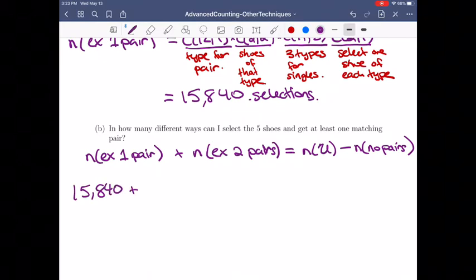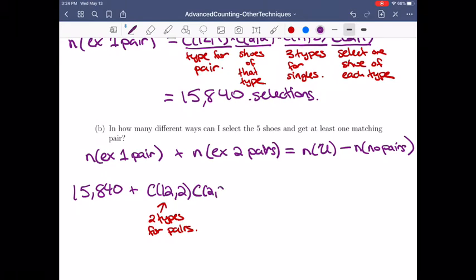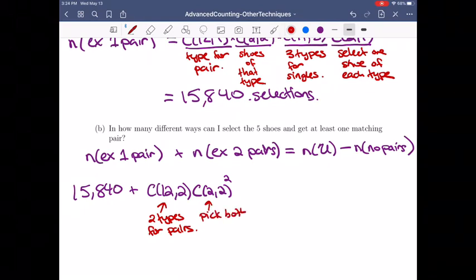So this is 15,840. Now if I want 2 pairs, from my types I'm going to pick 2 types for pairs, and then I'm going to pick both of their shoes, so twice. So that's 4 shoes in total. I need 1 more shoe, and there's 10 types left over. So I need 1 more type, and then 1 more shoe of that type.